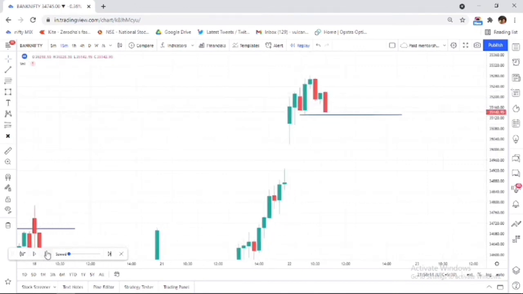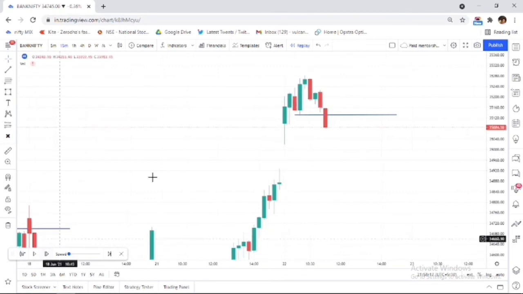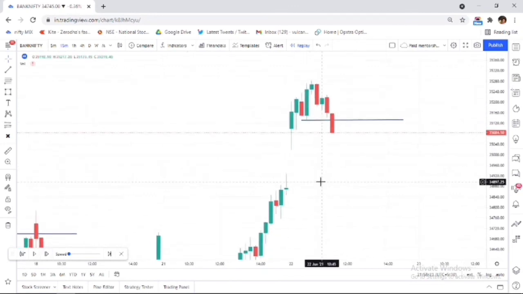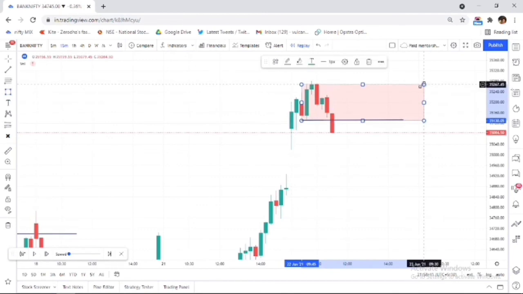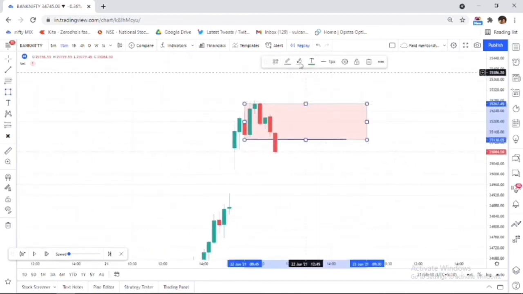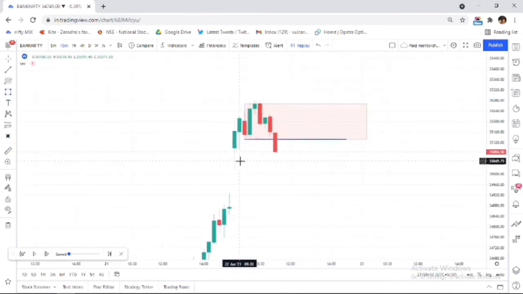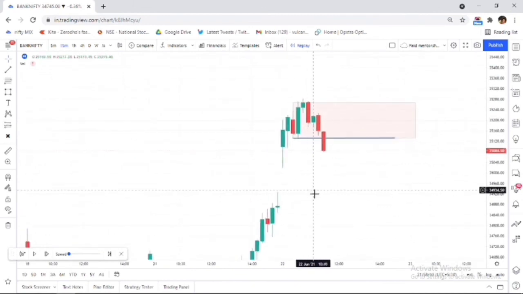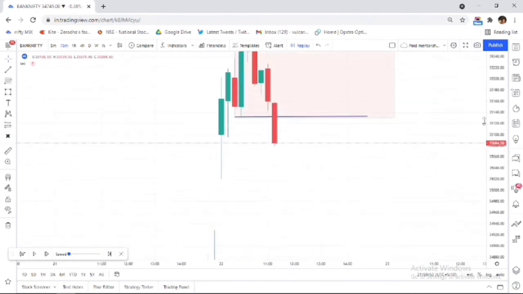So the market just broke my lower low, and that green candle was my first, the middle one was second, and this whole candle is my third candle. Now see, we will divide the structure with the scale and mark my threshold line.